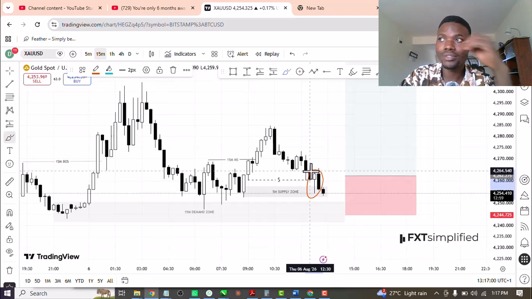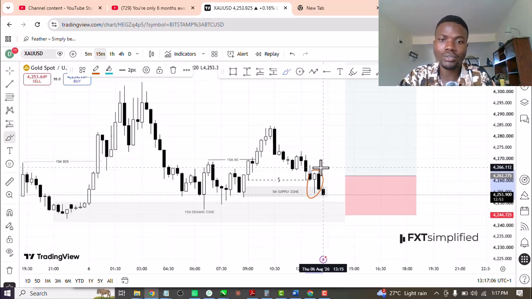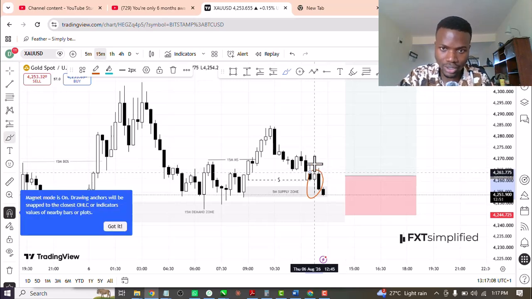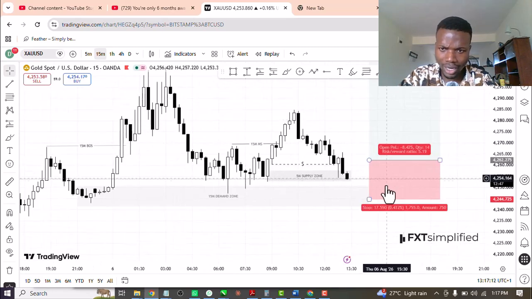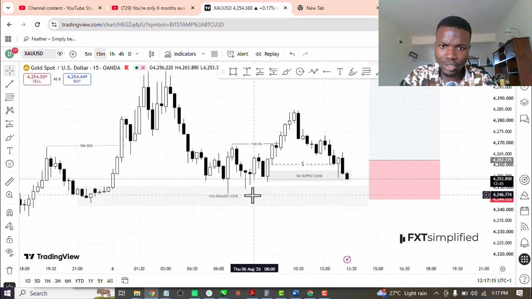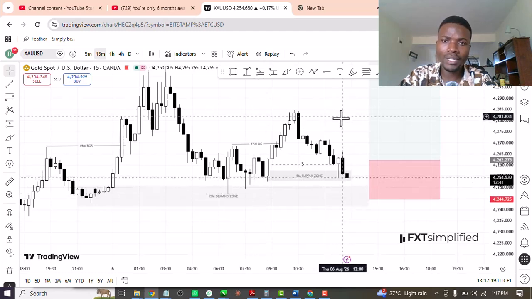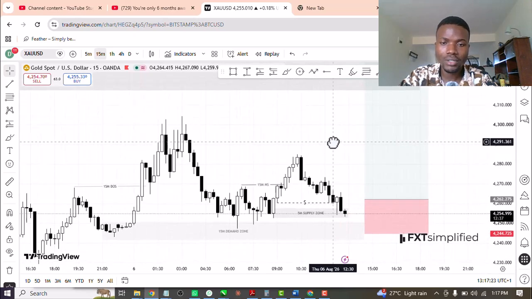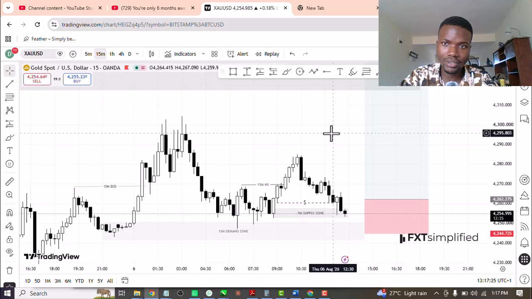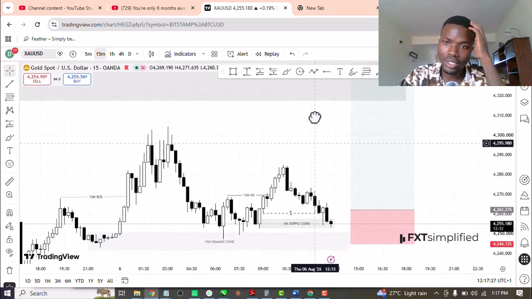This is a pin bar candlestick. Immediately I see that price created this candlestick, I enter the trade. Currently I'm on this trade, and I set my stop loss below here. Now I'm going to wait for the result of this trade.